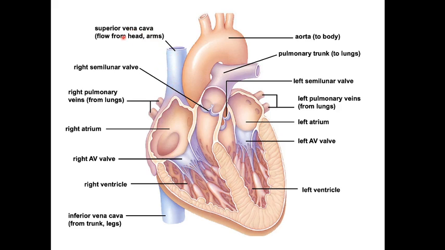The one on top is superior. That's a typical anatomical term, meaning either, it has 2 definitions really in anatomy. If something is labeled superior, it means it's above the heart or closer to the head. And if it's labeled inferior, that either means it's below the heart or closer to the tail.